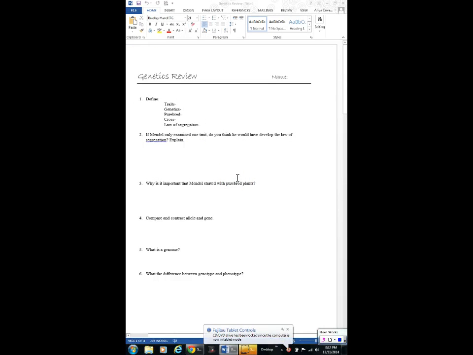Okay, so we're going to talk about genetics for our test. So here's just some vocabulary from the first section. And so this says define traits.